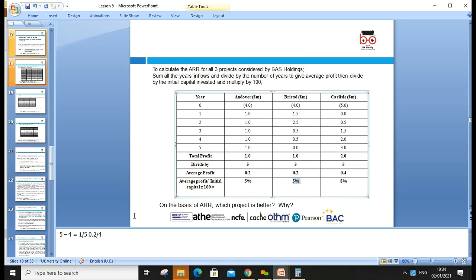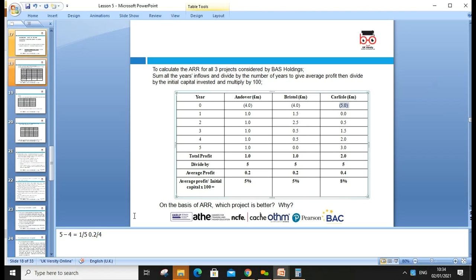Your average is the same 5%, but if you use compound interest, it means you can reinvest the money and you can multiply it, yes?